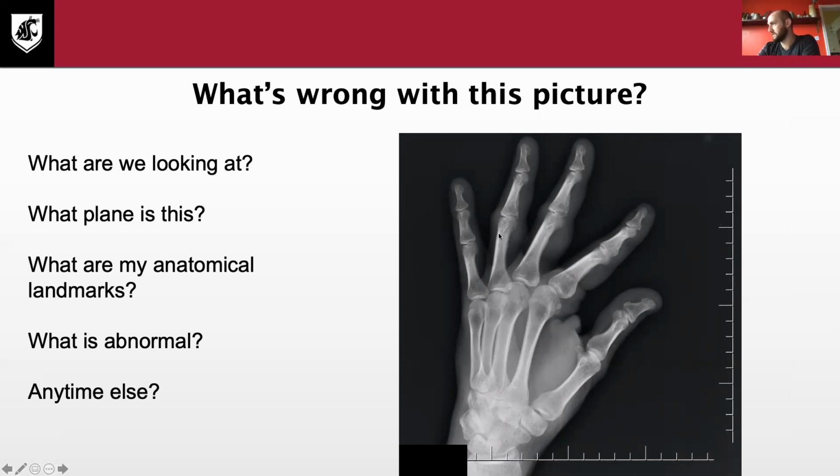And this is from a soccer player. And if you look right up here at the middle phalanx on the 3rd and 4th finger, you can see a bit of a fracture right there at the base and a bit of a fracture right here at the base. It's really tough to see. And that's why I mentioned we need to have 3 different planes of imaging. Anything else? I don't think there's anything else here.